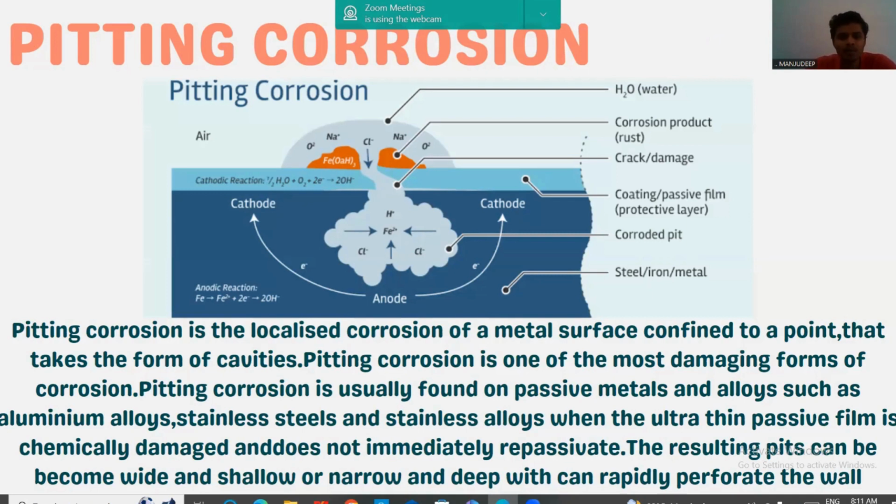Mainly in pitting corrosion, when a dust particle or oil droplet gets deposited on a metal surface, the surface below the dust particle or the oil is in less contact with oxygen, whereas the other surface is in more contact with oxygen.